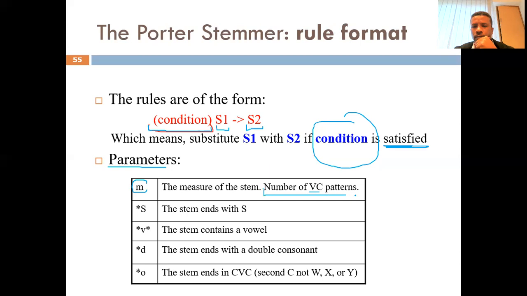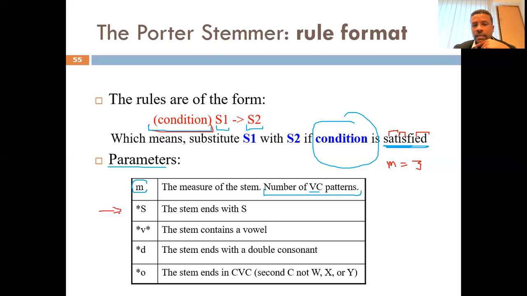Number of VC patterns. How many VC patterns do you have? Yeah, 3. Exactly 3. AT, IS and ED, አይደለ? vowel consonant ከተከታተለበት እነዚህ ናቸው። So for this case, M is going to be 3 ይሆናል ማለት ነው። That's what it means. Okay?